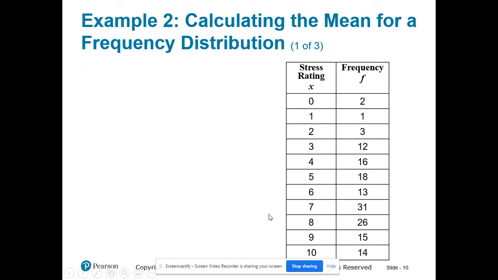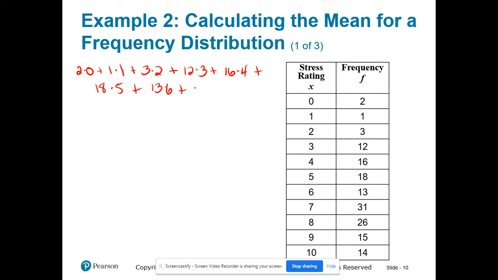So when I add these up, I'm going to have 2 of my zeros, and I'm going to have 1 of my ones, 3 2s, 12 3s, 16 4s, 18 5s, 13 6s.